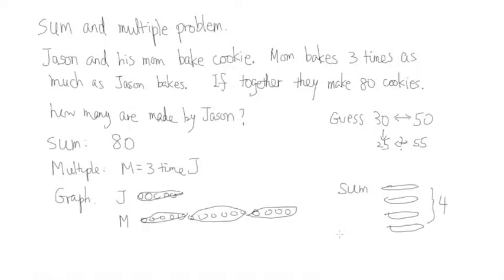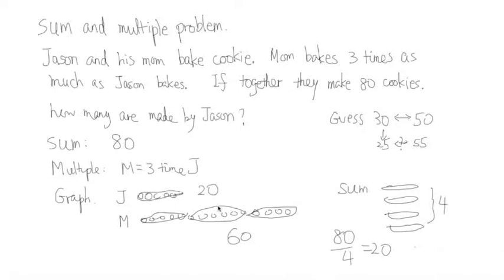So each bar represents 80 divided by 4, which is 20. That actually gives us an answer, because this is exactly what we use to represent what Jason makes. So this will be 20, and Mom makes 20, 20, 20, so it should be 60. You can check that 60 plus 20 equals 80, and 60 is 3 times 20.